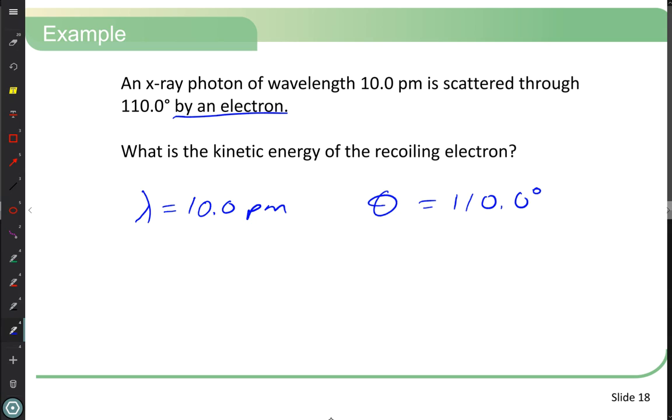We have wavelength prime minus wavelength is equal to the Compton wavelength times 1 minus cosine theta. Notice I put the Compton wavelength because, hey, let's keep it simpler.